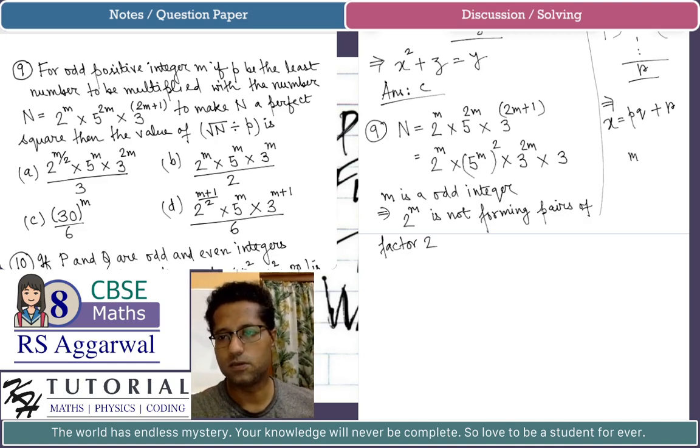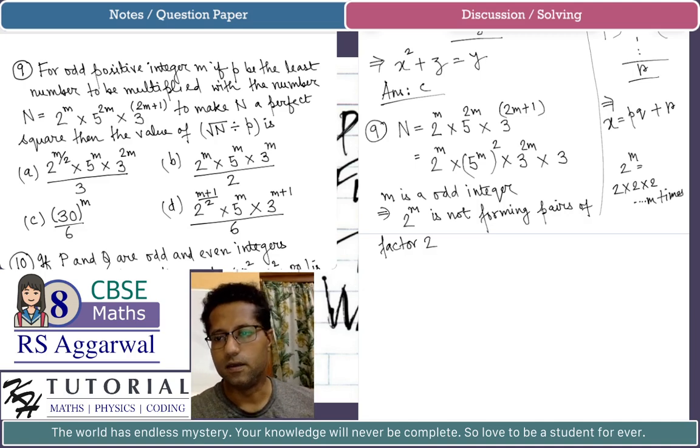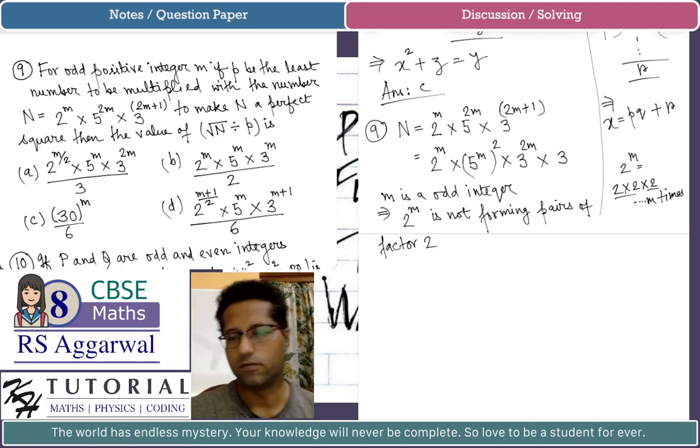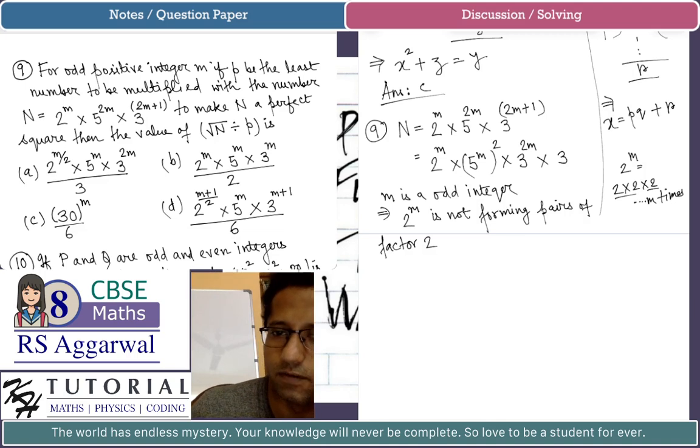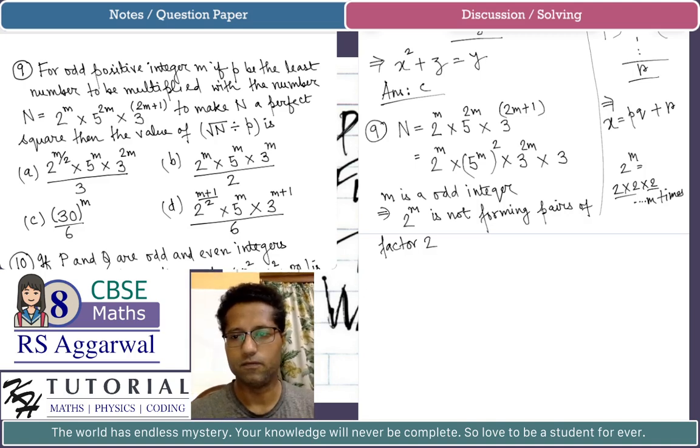So 2 to the power m means 2 multiplied by 2 multiplied by 2, m times. If you try to create pairs from the factors of 2 to the power m, we can create pairs, but one 2 will be left behind.